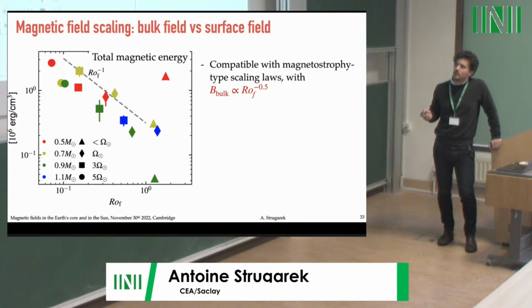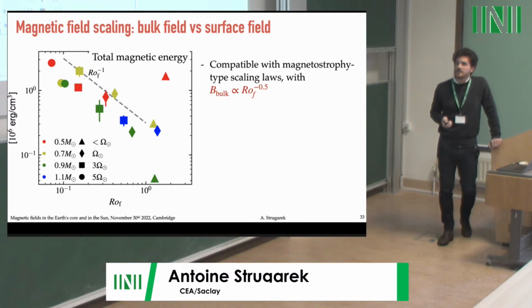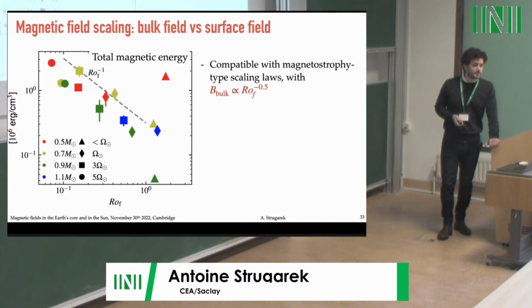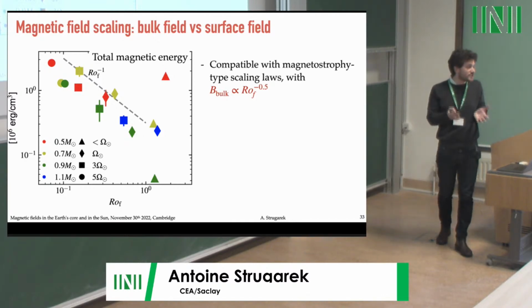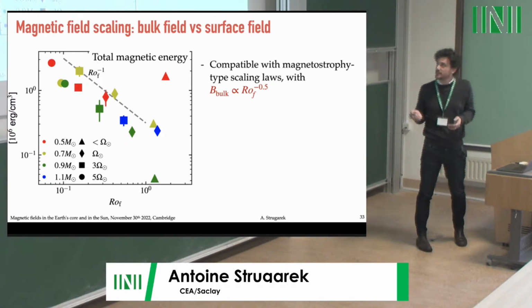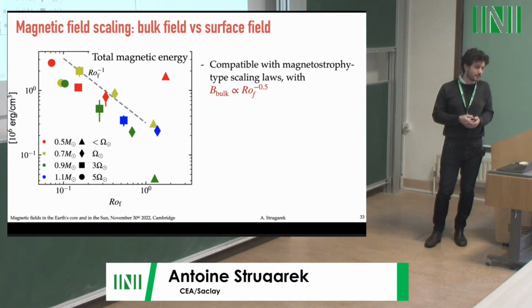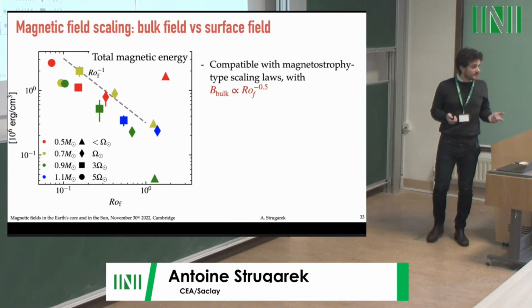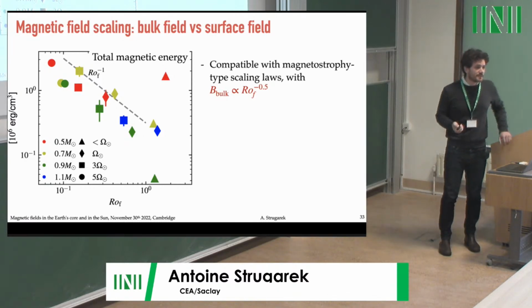So when you look at the magnetic energy in this simulation as a function of Rossby number, we find that we have roughly the energy that decreases linearly with the Rossby number. So that would be that your average field within your simulation decreases like the minus square root of Rossby. But if you remember the plot from Victor, it's actually more like a linear dependency.